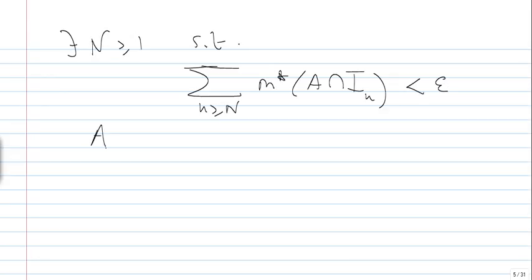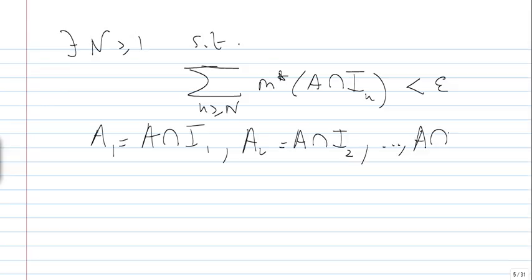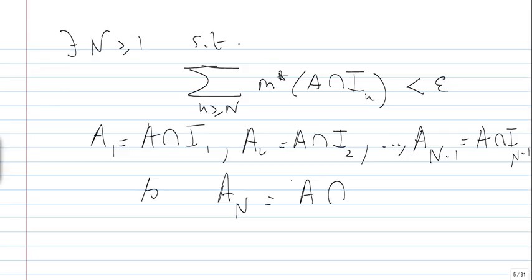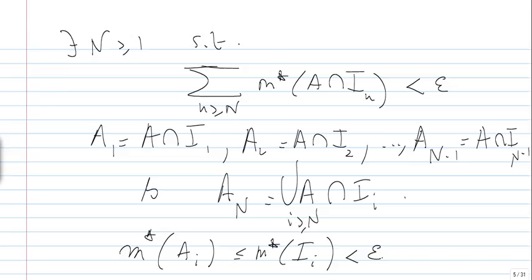So we consider A1 equal to A intersect I1, A2 equal to A intersect I2, and so on, up to A_{N-1} equal to A intersect I_{N-1}, and the last one, A_N, is A intersect the union of I_n for n greater or equal to N. The outer measure of each A_i is less than or equal to the outer measure of I_i, less than epsilon, for i from 1 to N minus 1.